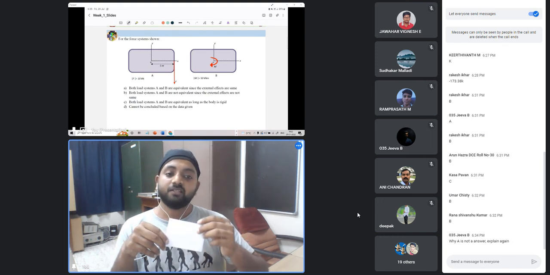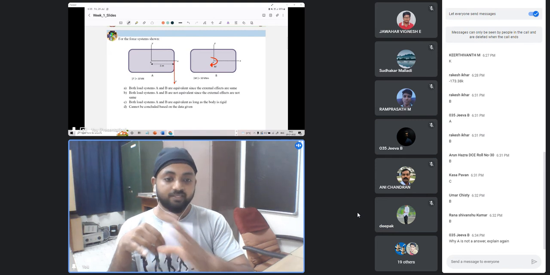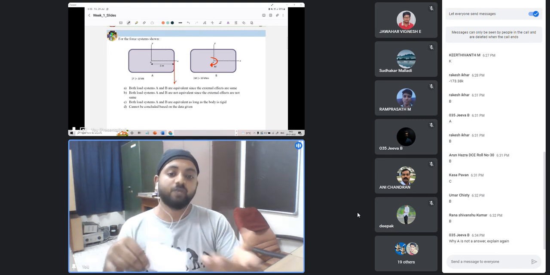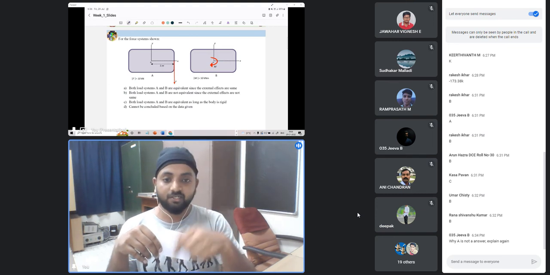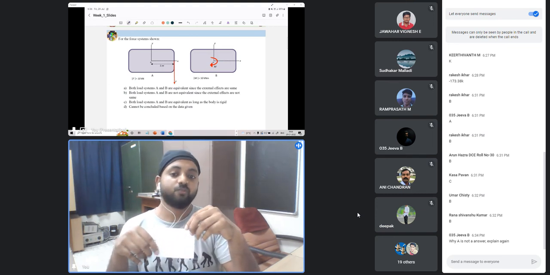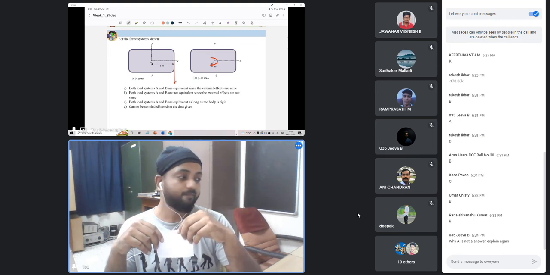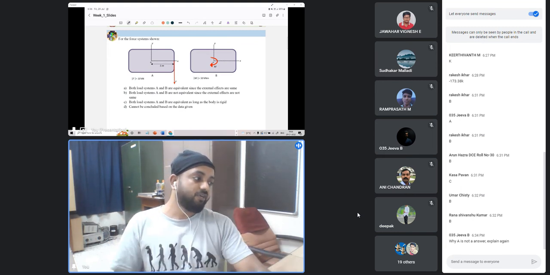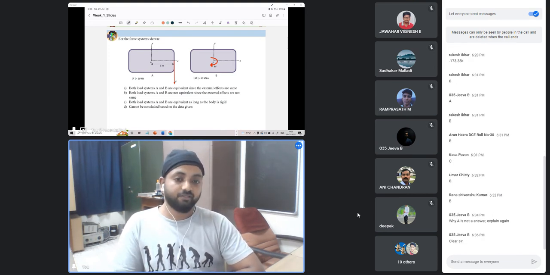In system B, there is only a couple present whose magnitude happens to be the same as what you will get in A, which is why you are saying that both are equivalent. But you have to account for the effect of that force also. This is why external effects are not the same for both these systems. Is it clear, Jiva? Okay. Any other questions that you have? Anything else?